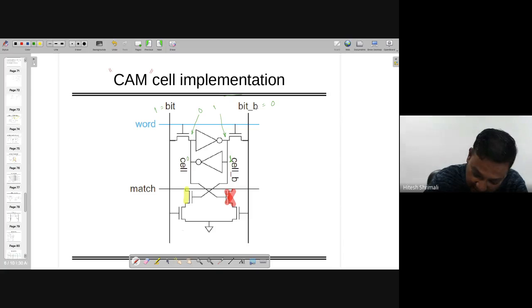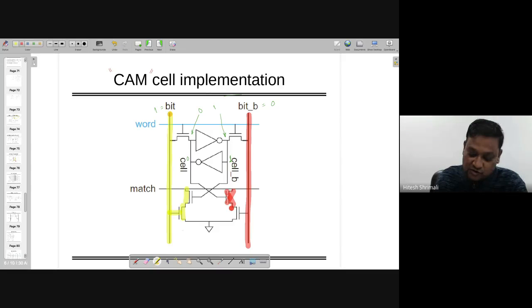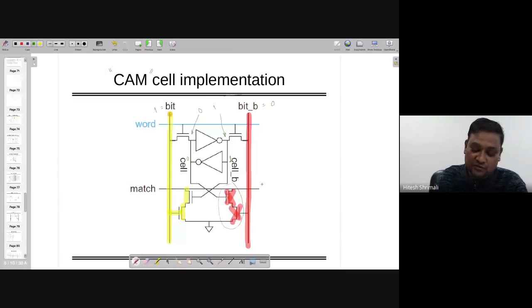In that case, this 1 is going to make the connection and this is on, and because of this one, it does not make the connection. So if you look only at this side, which is not connected to 0, this remains at VDD.